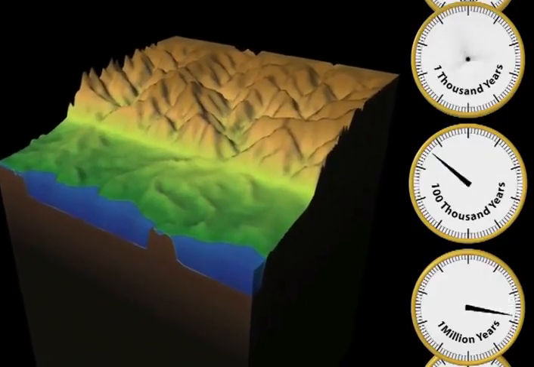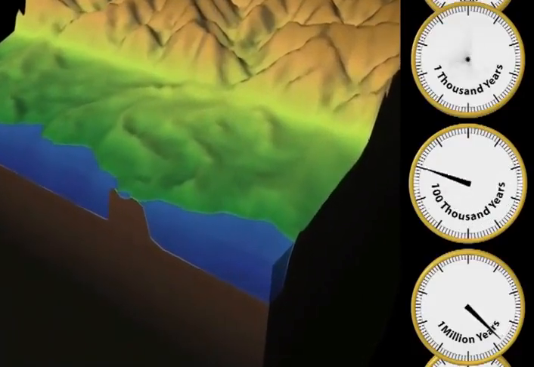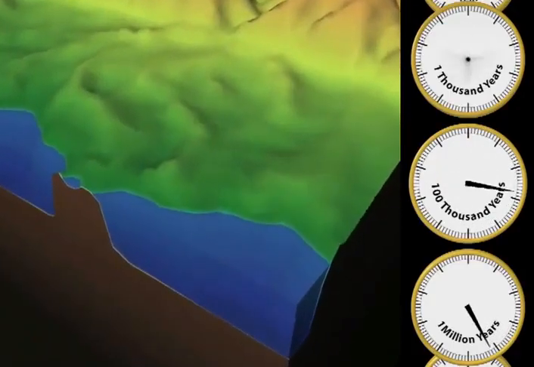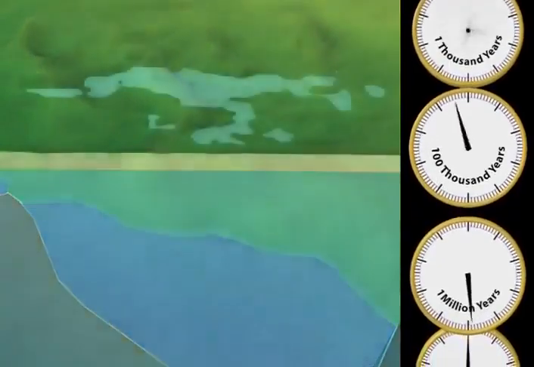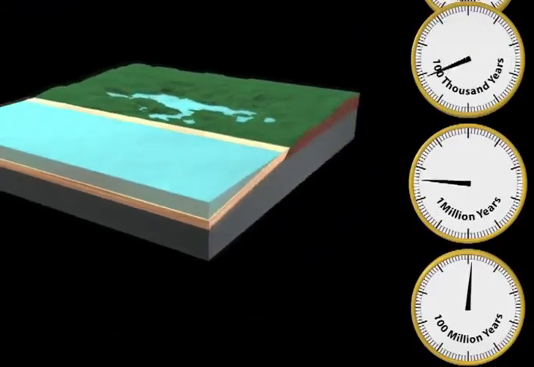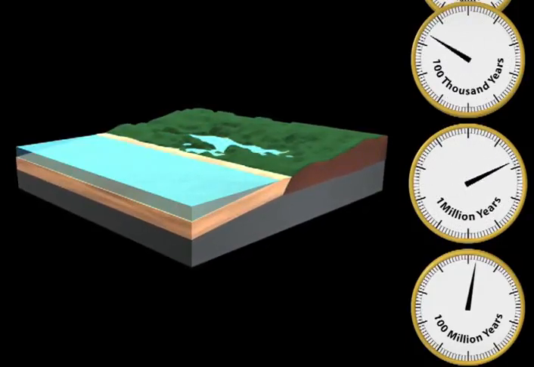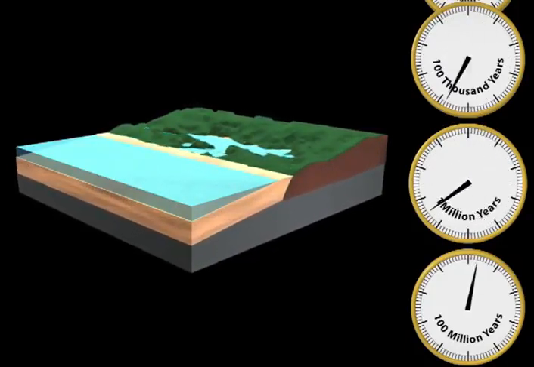Let's take a closer look now. Great idea. That way we can learn where coal and pyrite come from. But we'll also speed things up again because it takes millions of years for this to happen. Coal formation takes millions of years. Here we see a swamp where plants live and die, building up layers and layers of dead plant material.